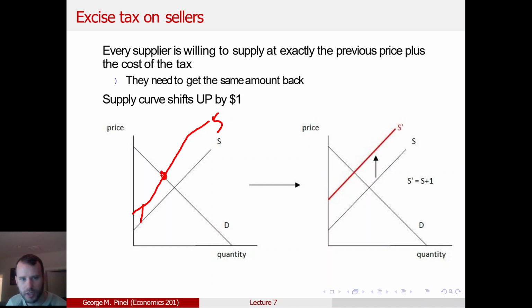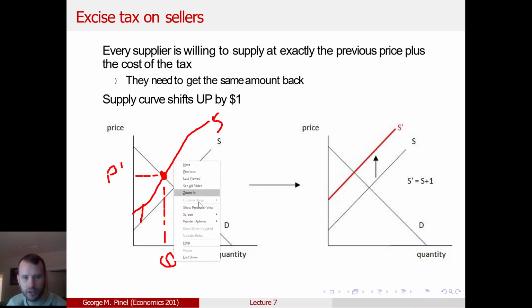That's going to increase the price to P prime and decrease the quantity to Q prime. But P prime is going to fall somewhere between the old P star and P star plus tax. And then this is going to have effects on consumer and producer surplus.